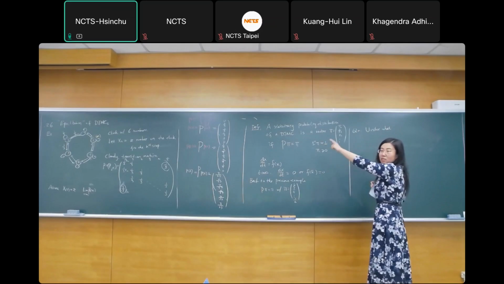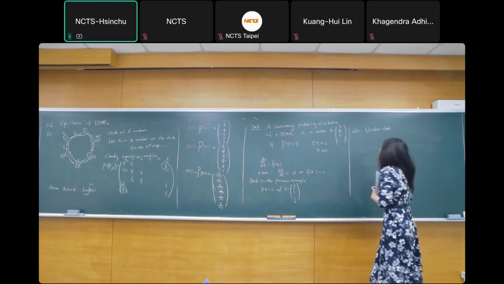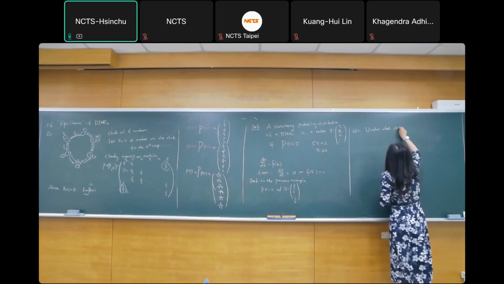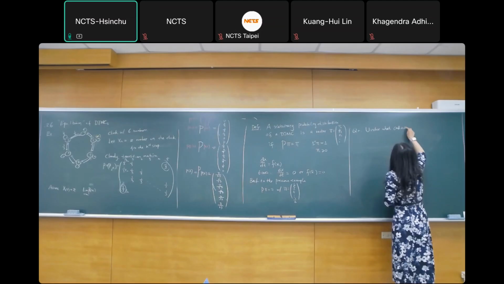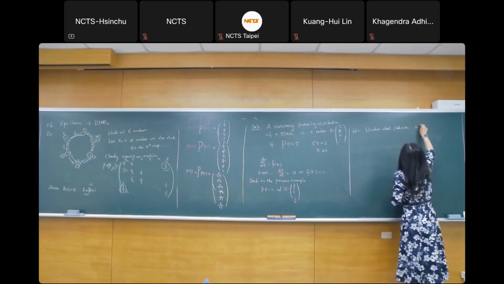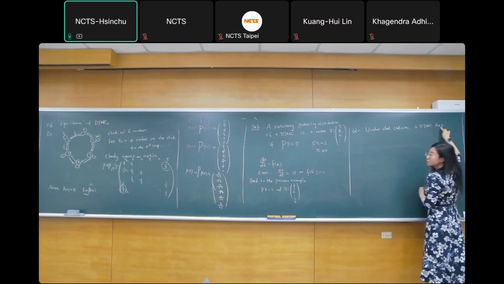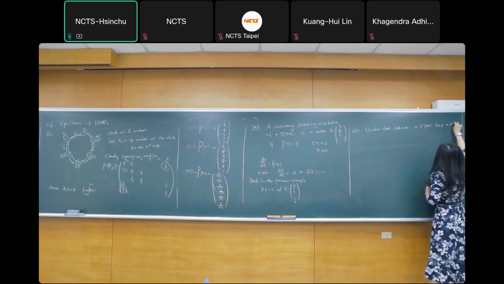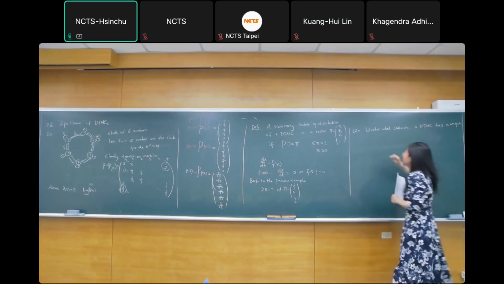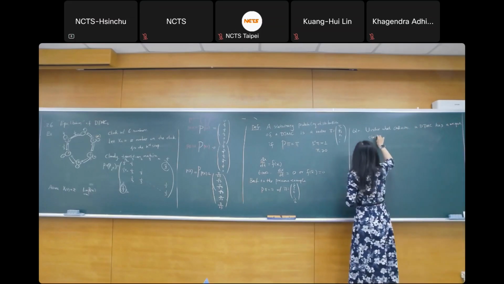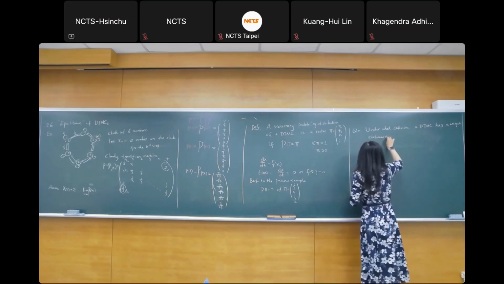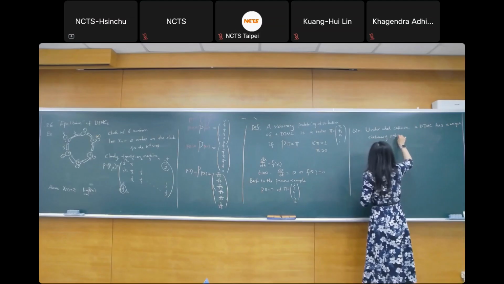There exists a unique stationary probability distribution. Under what condition?